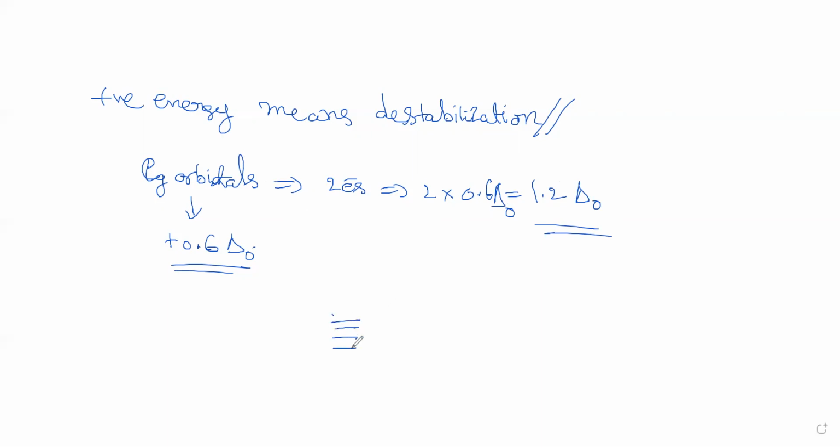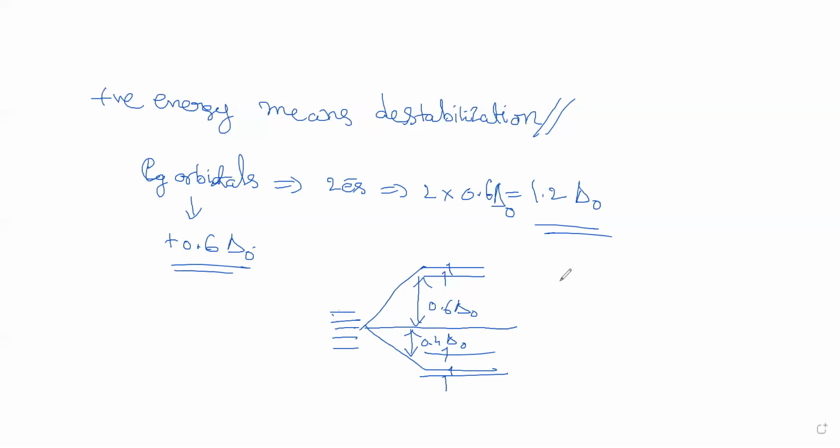Suppose we have 5d orbitals, and they have split like this. You know this very well. Suppose I have 3 electrons filled like this and 2 filled here. For this situation, this is 0.6 delta naught and this is negative 0.4 delta naught.